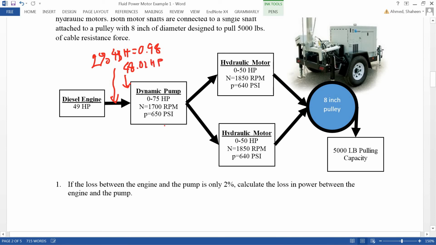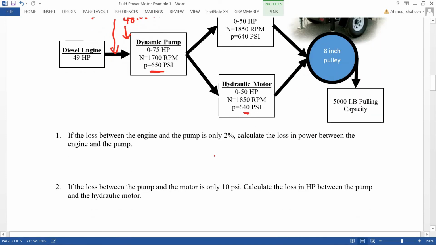As you can see here, the pump develops about 650 psi. So the answer would be 0.98 horsepower loss, and 49 minus that loss is available to the pump.